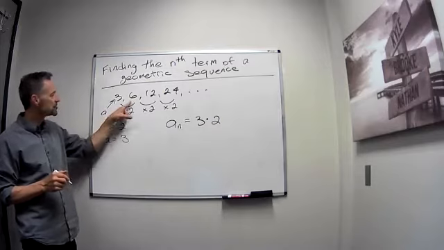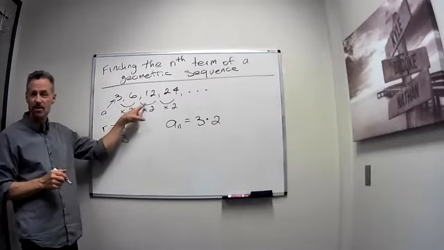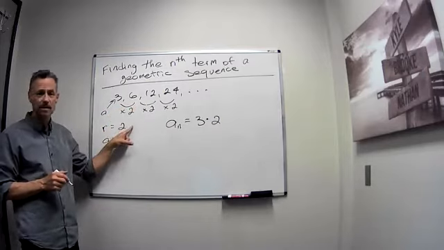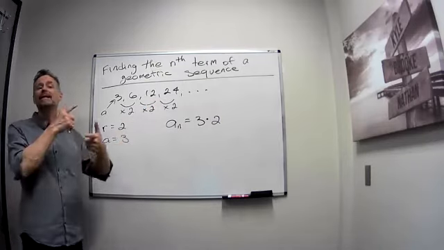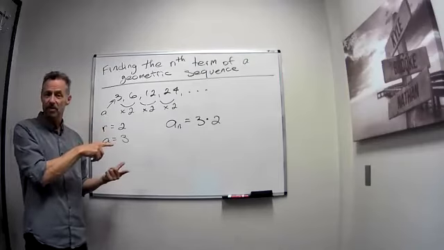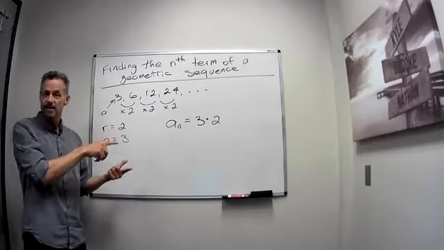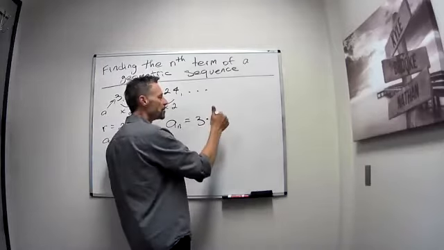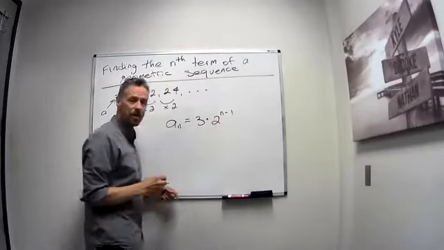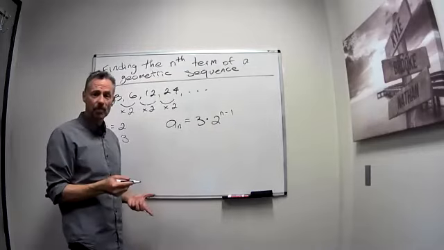To get to the second term, we only multiplied it once. To get to the third term, we only multiplied it twice. And to get to the fourth term, we multiplied it 3 times. So it's 1 less than the number of the term. The number of the term being n, 1 less than that is n minus 1. So it's the common ratio to the n minus 1.